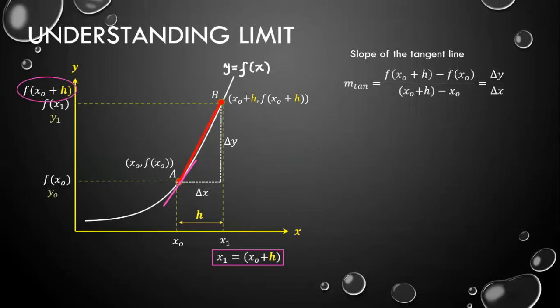So the slope of the tangent line we can define as m tangent equals f(x0 plus h) minus f(x0), over x0 plus h minus x0. Or based on the drawing on the screen, m tangent is delta y over delta x. We call this m tangent. Very easy and very clear.